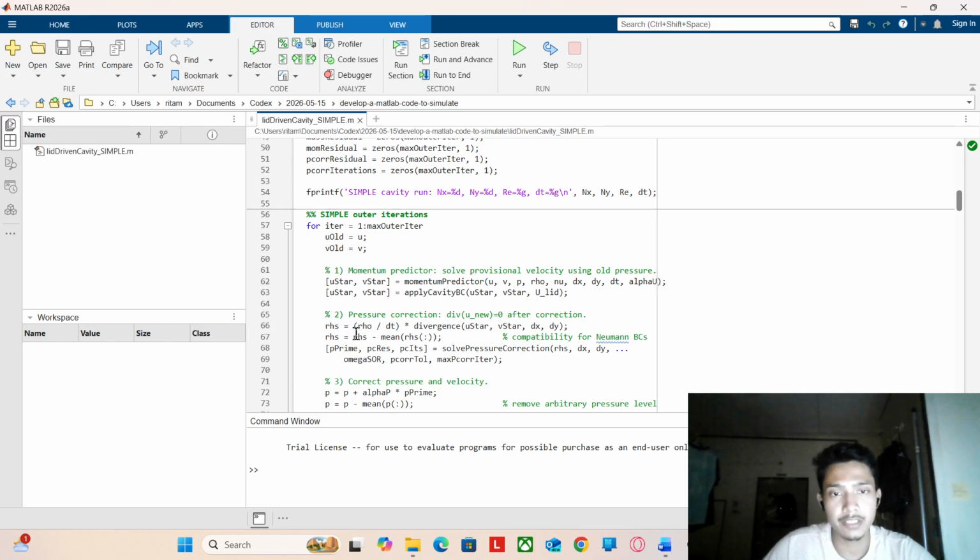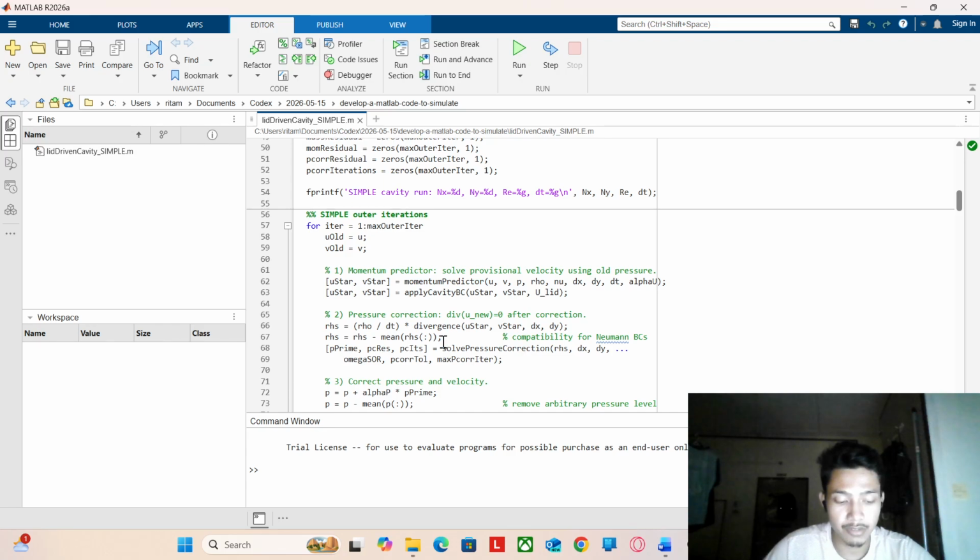Then RHS equal to RHS minus mean RHS column. Then square bracket p prime, pc res, pc its bracket close equal to solve pressure correction RHS, dx, dy. So this computes the divergence of provisional velocity. If divergence exists, continuity is violated. So this point is to be noted.